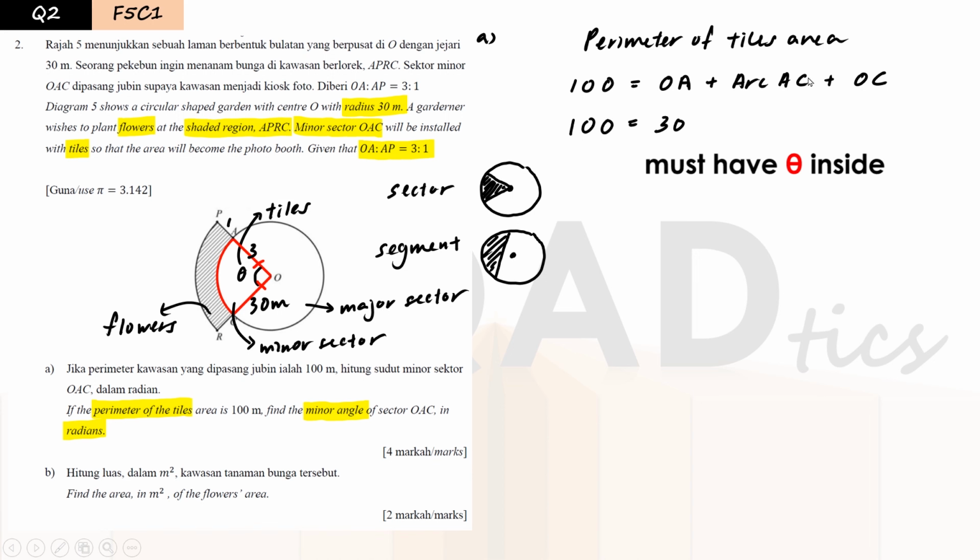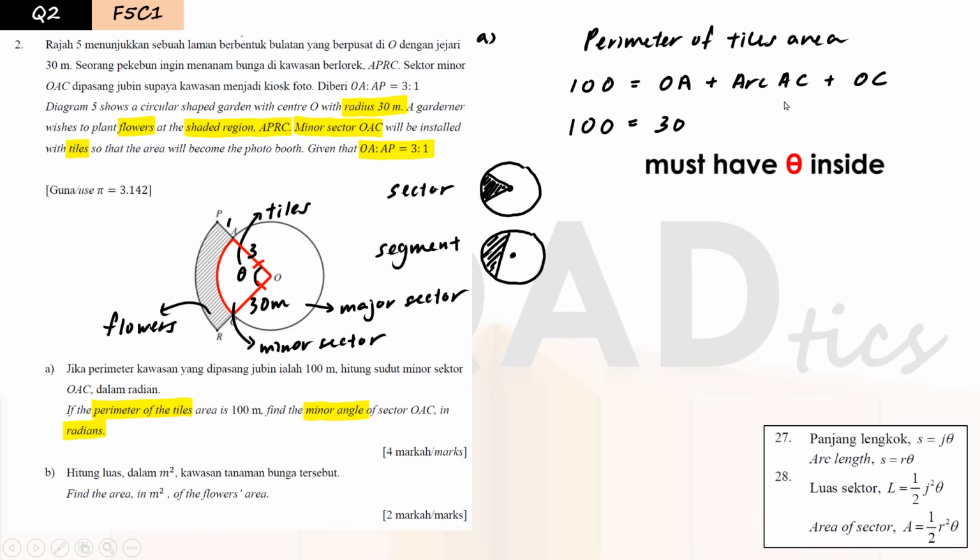And for the arc AC, how do we find the length of arc? We need to look at our formula sheet. Based on our formula sheet, 27 and 28 would be from this chapter. To find the arc length, it would be this formula, S equals R theta, the radius of the circle multiplied with its angle.